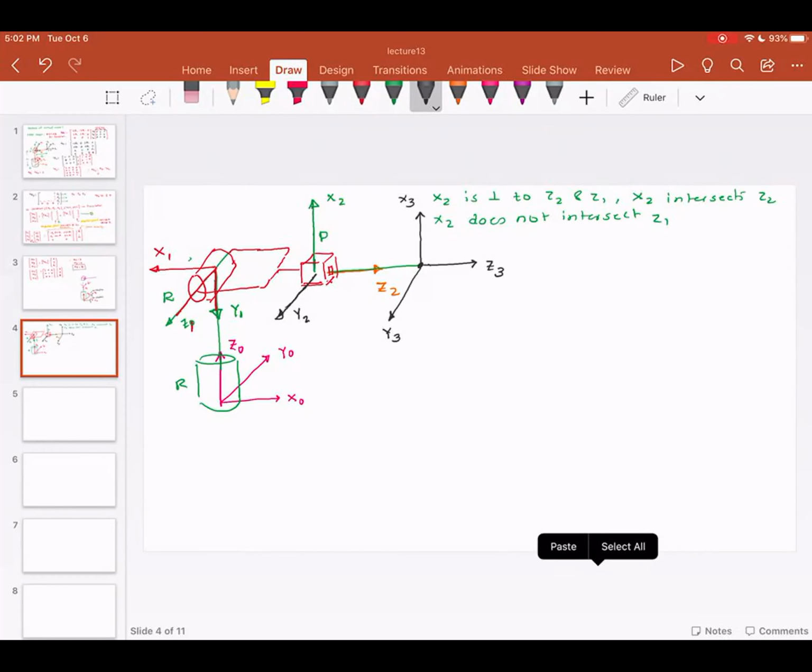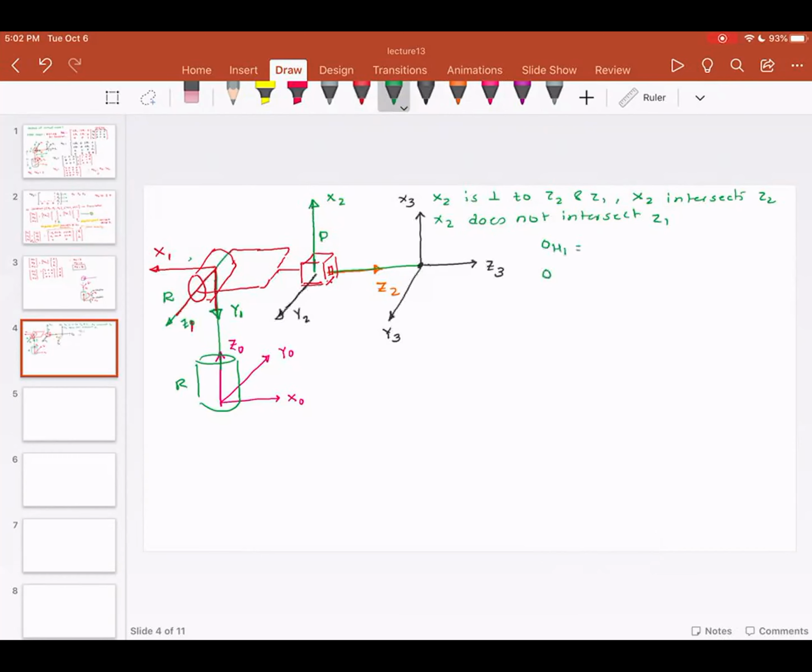Now, the next thing we need to do: we have worked out this problem in the past. So what I'm going to do is utilize the homogeneous transformations that we used before to solve the problem. So first step is we need to find 0H1.